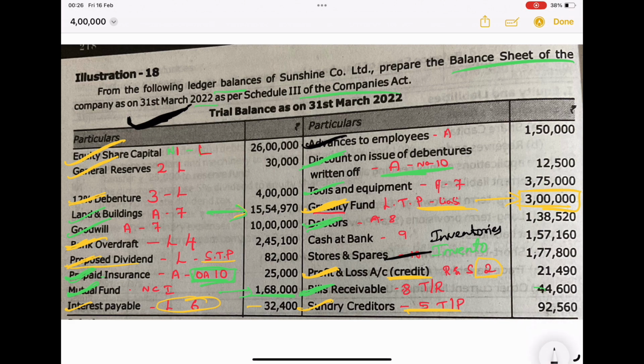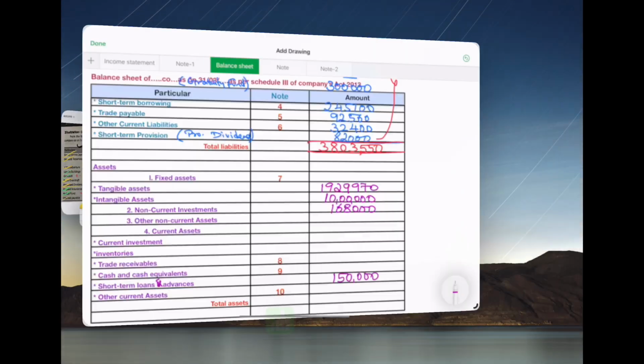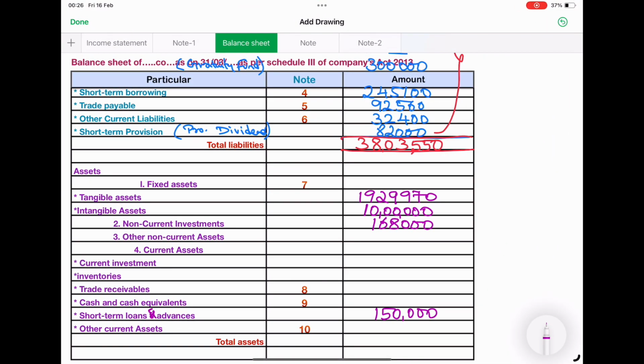Slowly we'll go on there. So here cash at bank we have written. Stores and spares, this one we are going to identify as inventory. So under inventories, how much they have given, 1,77,800.